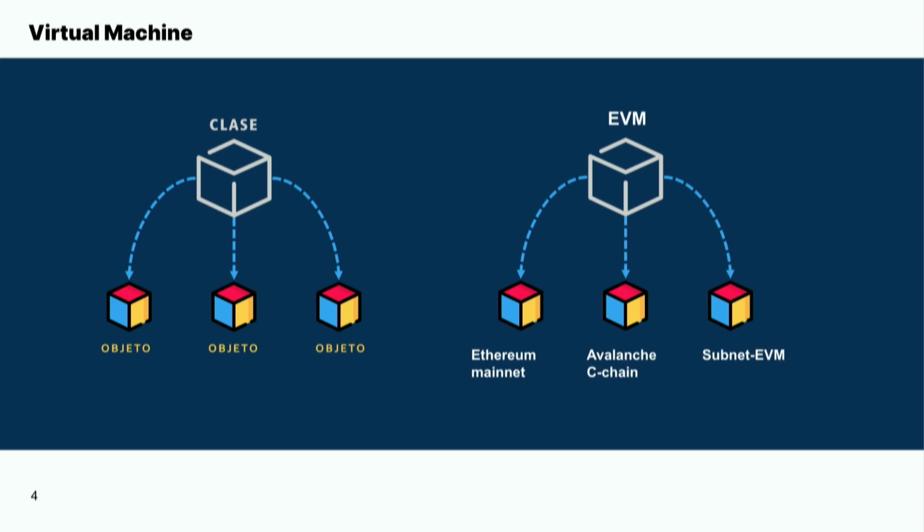So let's say you have the EVM, which handles all the generic logic of the virtual machine, and then you have the instance of Ethereum mainnet, the instance of the Avalanche C-Chain, and you can have as well Subnet EVM, which enables you to create subnets or your custom chains powered by the EVM.